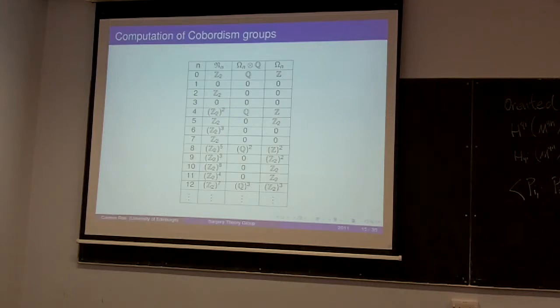And that's it. It's very nice, because if you're only computing the oriented Cobordism groups rationally, then it's very, very straightforward. You only have to think about your generators. So, for example, if you get to n equals 8, then you have 2 copies of Q, and which should be the generators here?